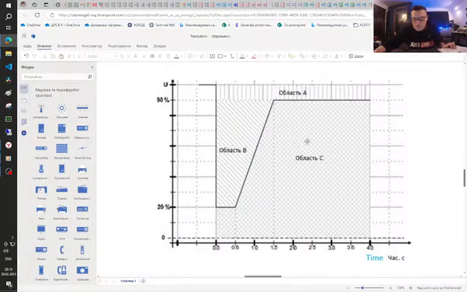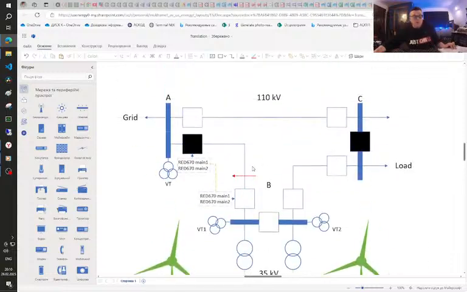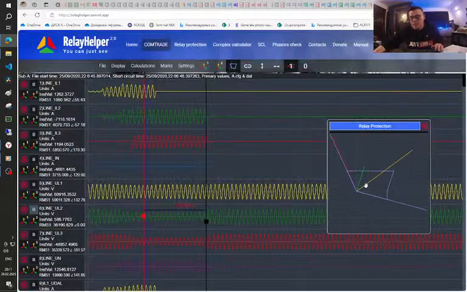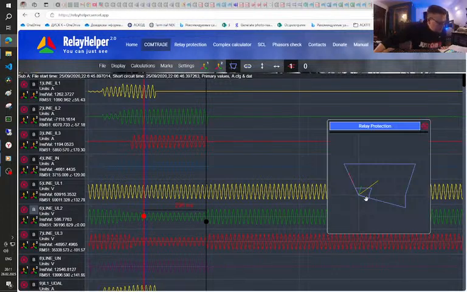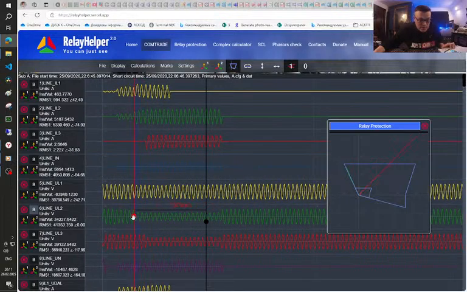And if we return to this picture, I've already said that this short circuit was something around 1 kilometer from substation B, with an overall line of something around 13 kilometers. So that's why the second zone should operate. But the second zone time was a bit long, about 0.8 seconds.